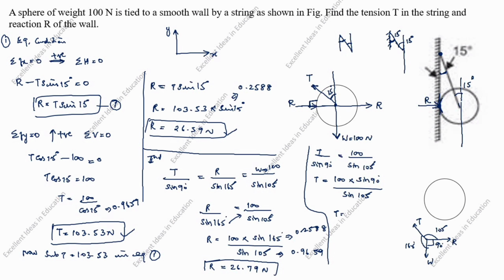So T is equal to 103.53 Newton. So sine 90 is 1. Sine 105 value is 0.9659. You see the first method answer and second method answer is same but concept is different.